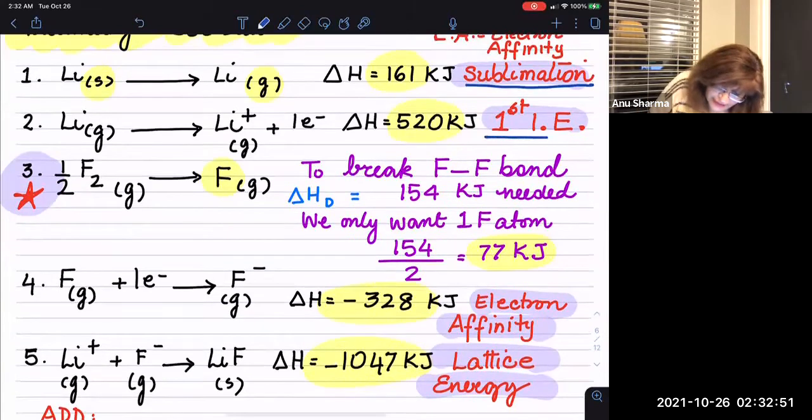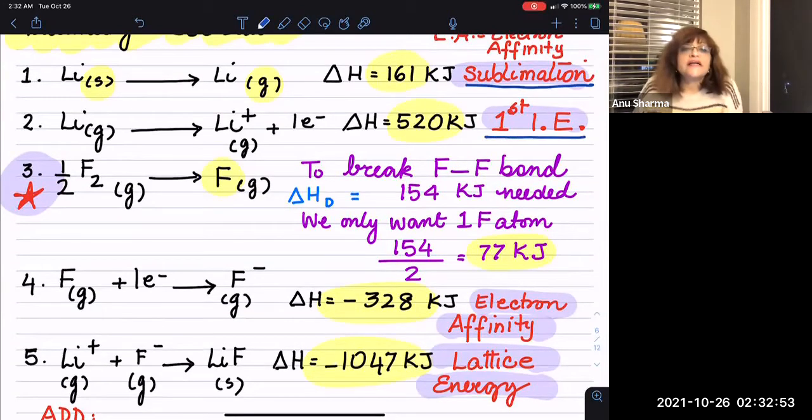When it loses one electron, that is the first ionization energy. The amount of energy, remember, is positive. That means it is still absorbing, you have to give the heat. When it's positive, you're giving heat. When it's negative, it is releasing heat. So in this case, you are giving 520 kilojoules of heat.